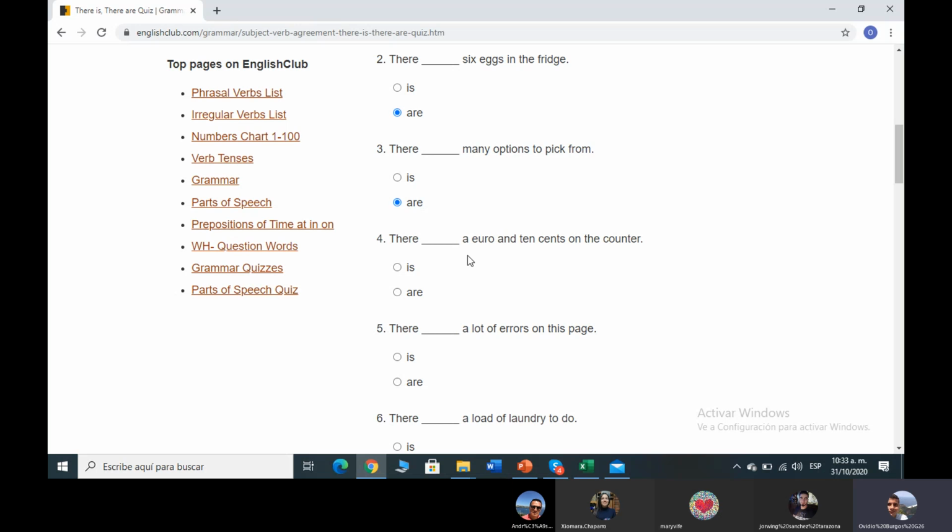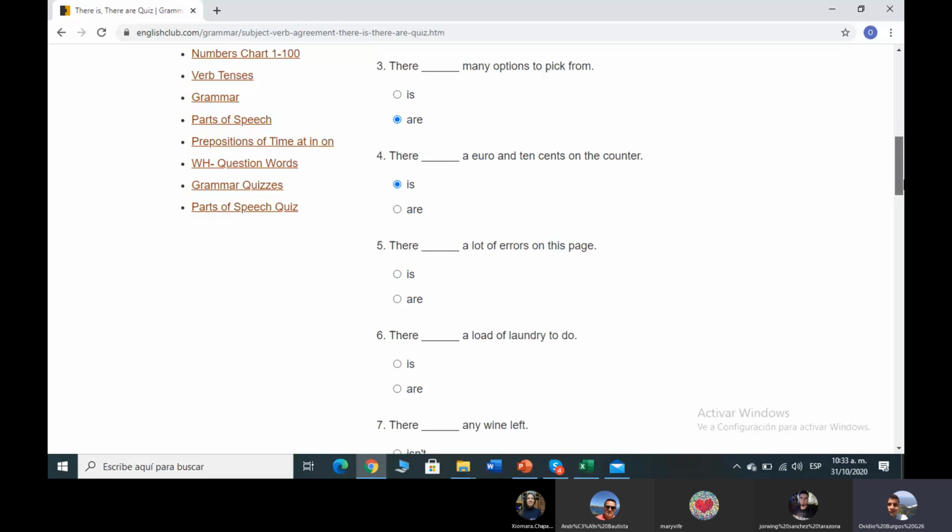Okay, very good. You say the correct is, okay? Andres, do you agree with Maria or do you disagree? I think there is a euro and 10 cents on the counter. Okay, very good.